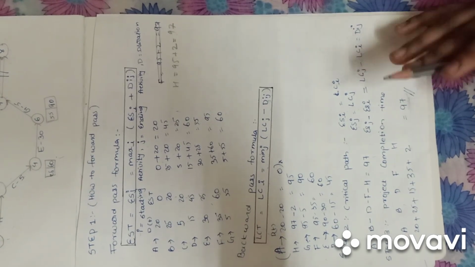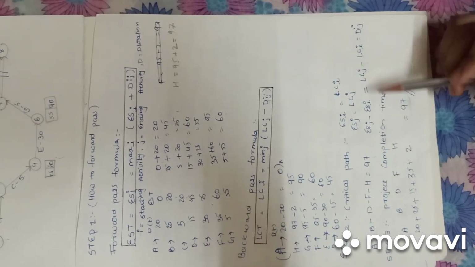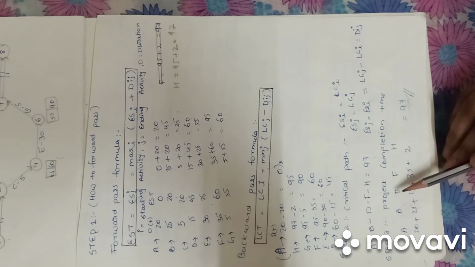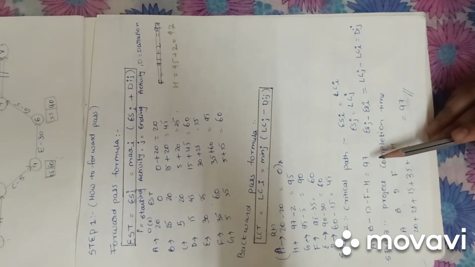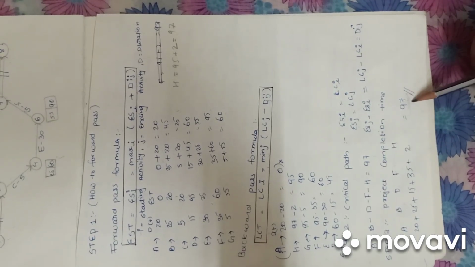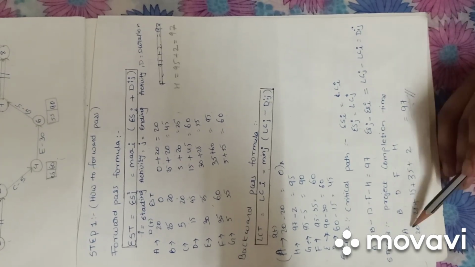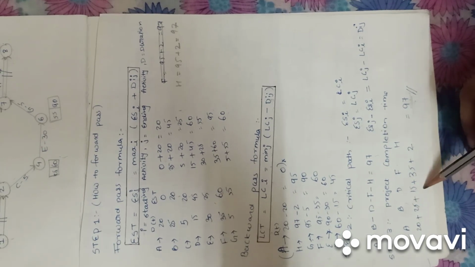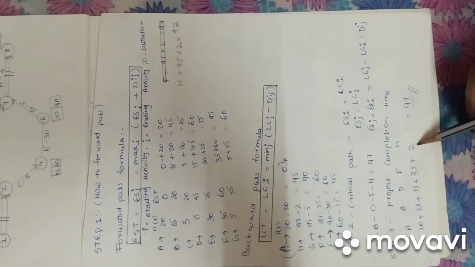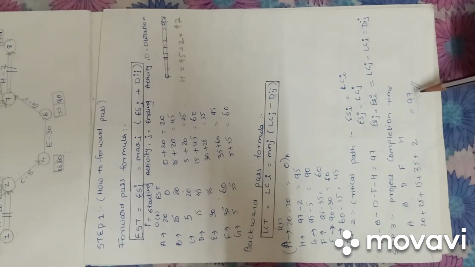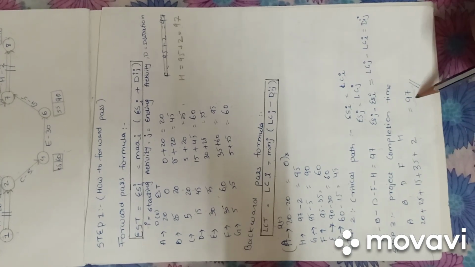These are the three conditions. As per these three conditions, the answer is A, B, D, F, H, and the project completion time is 97. That is 20 plus 25, 45, plus 15, 60, plus 35, 95, plus 2. This is the duration and this is the longest path, and the answer is 97.